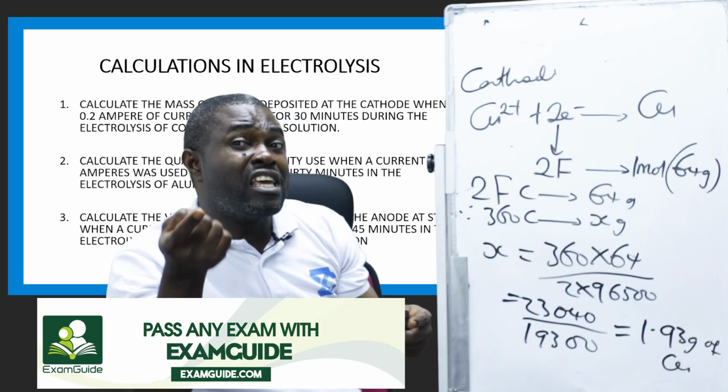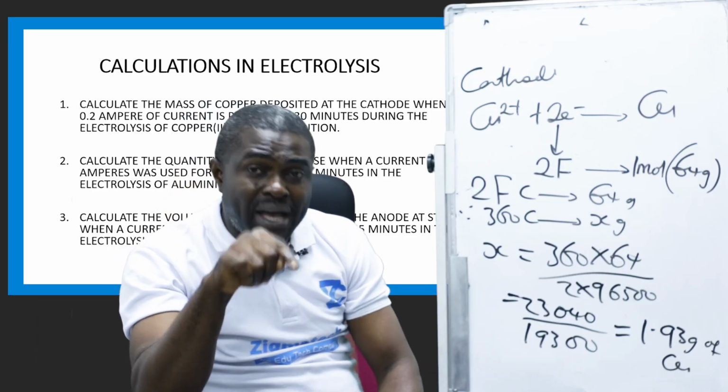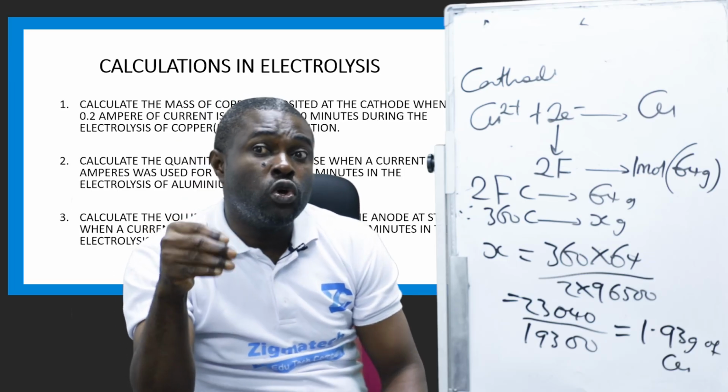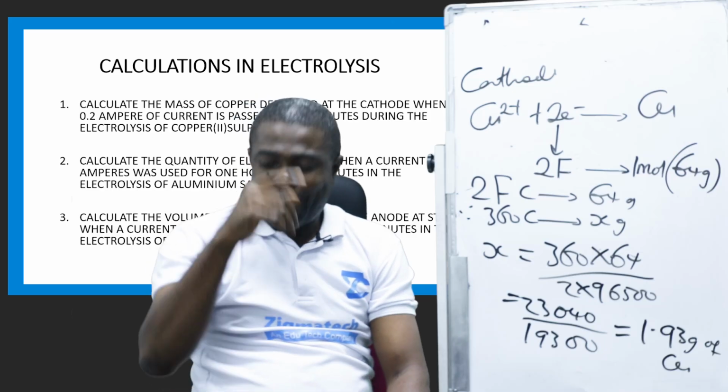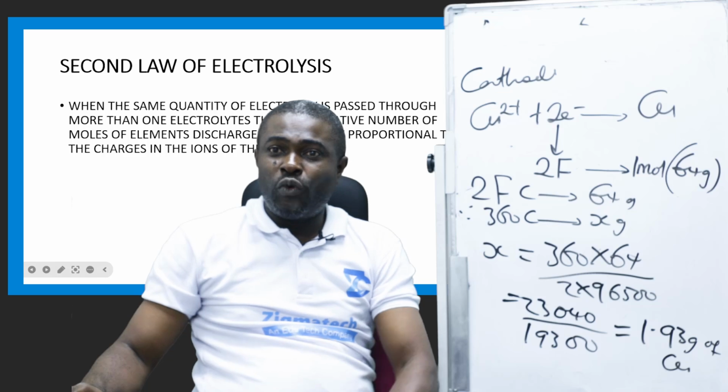What did Faraday say? Faraday said, if you increase this quantity of electricity, the mass of copper you will get at the end of the process will also increase. Can we now go back to that law again? What did he say? He said, this is second.